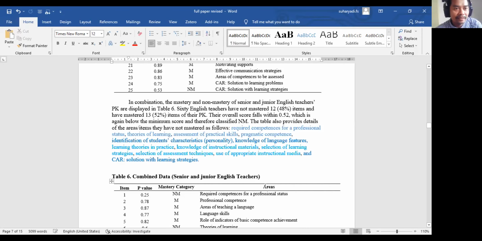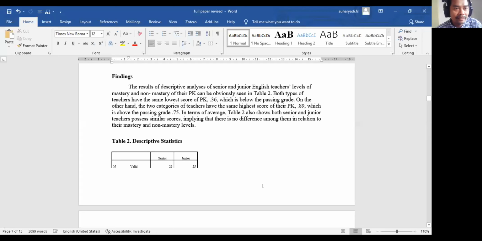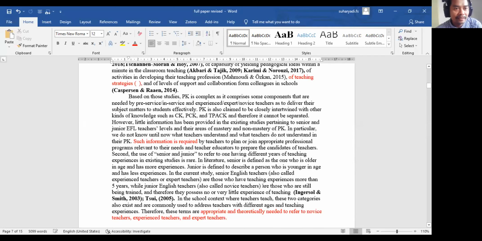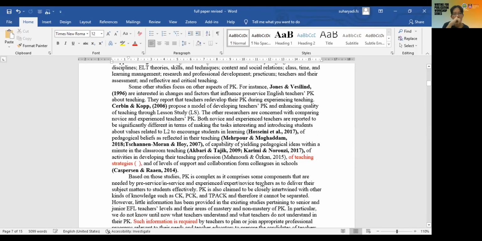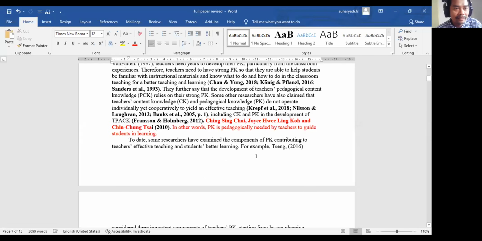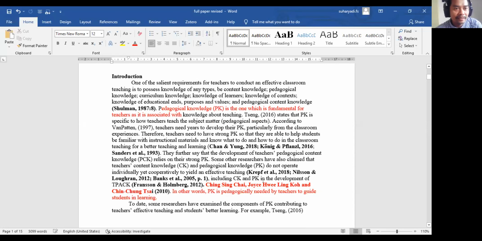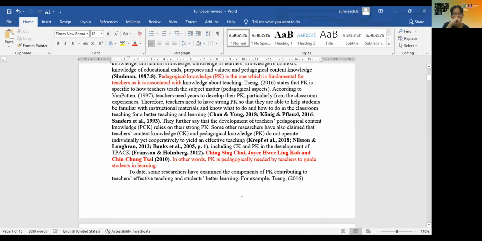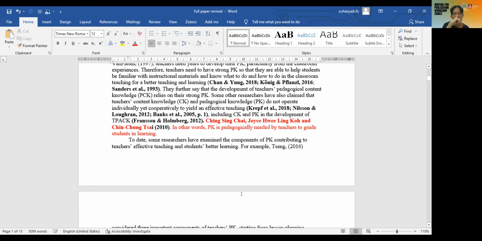Let's say I try to analyze. This is the introduction. Because if you're saying that not many studies focus on this, you want to highlight your finding, which is supported by few studies.